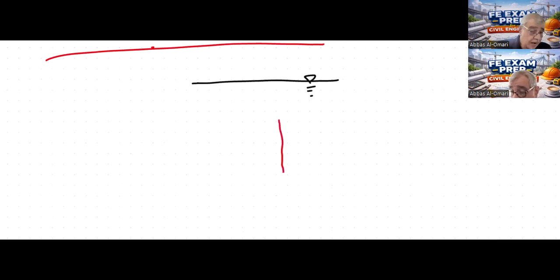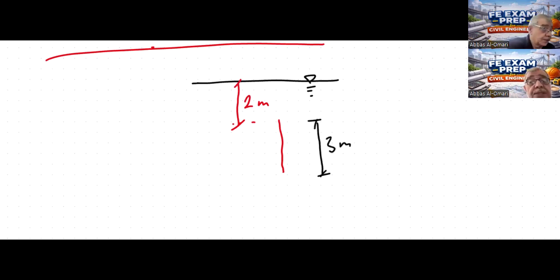Now the water height above the gate is 2 meters. And the gate itself is 3 meters. The height of the gate is 3 meters. And the gate is trapezoidal in cross section. This is the cross section of the gate.